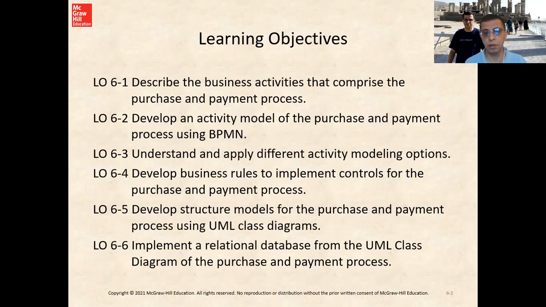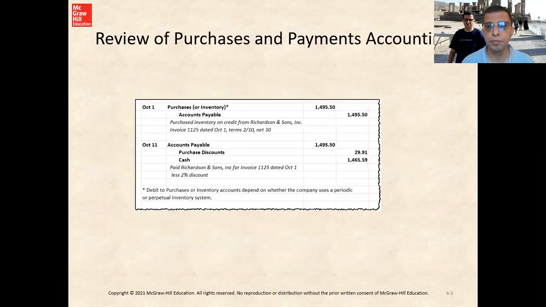diagrams and implement a relational database. Now we know in general, when you're doing a review of purchase and payment accounting, you do a purchase, and it goes to the inventories. So when you purchase, what do you do? You debit the purchase and you credit accounts payable. And once you make the payment, you debit accounts payable and you credit purchase discount and cash.